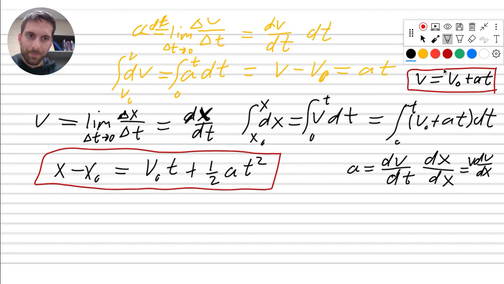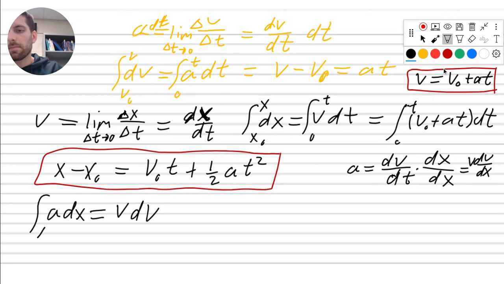Alright. Because it's multiplication, I can just switch those around. Now that I did that, let me put the dx over next to the a. So multiply both sides by dx. v dv. Then I'm going to integrate from x initial to x, and from v initial to v.